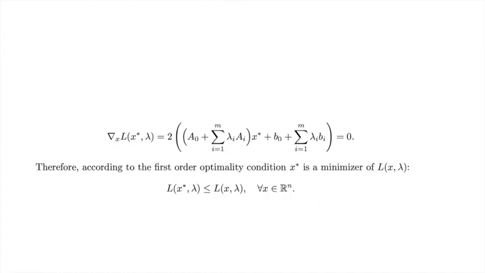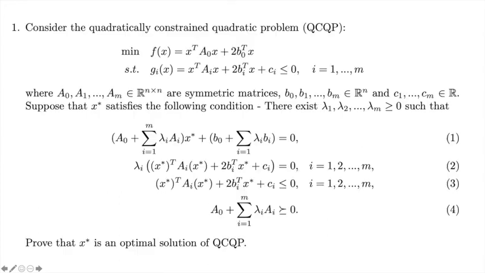Because we know the KKT conditions apply, we want to show that x star is the optimal point by the KKT conditions. So for the KKT conditions to apply, we need the gradient of the Lagrangian in relation to x to be 0. So let's take the gradient and plug in x star, and we would get 0. This is the gradient of the Lagrangian, and we plugged in x star instead of x. Why do we know it is 0? Let's go back to what we are given.